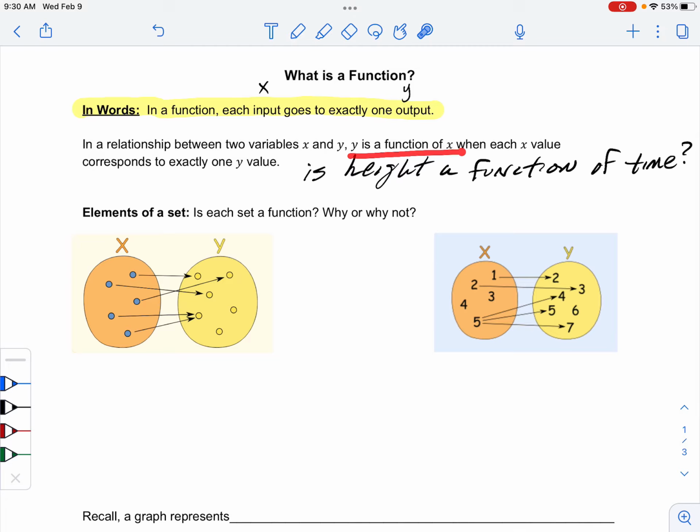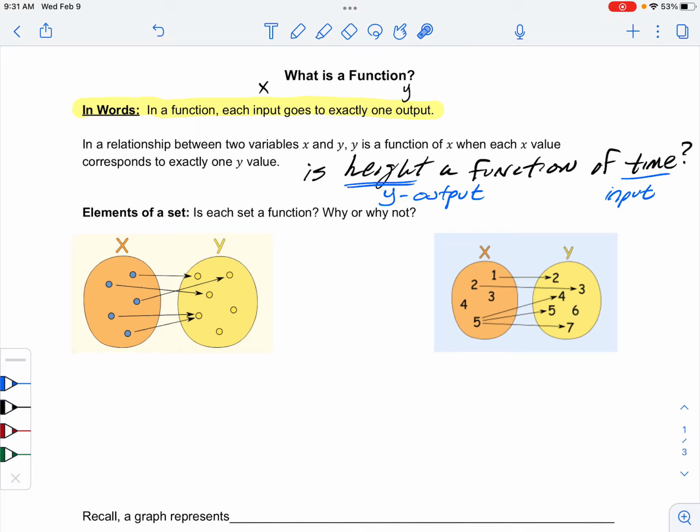Height would be my y, or my output, and time is my x, or my input.